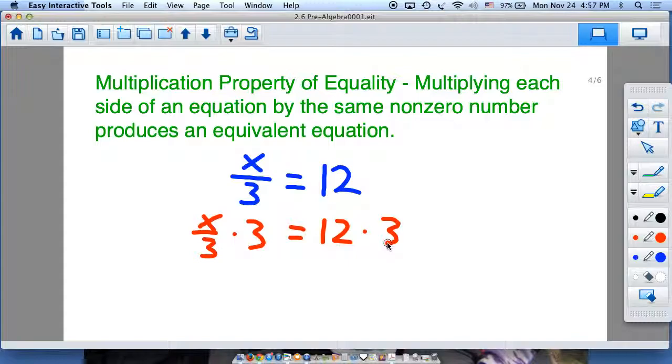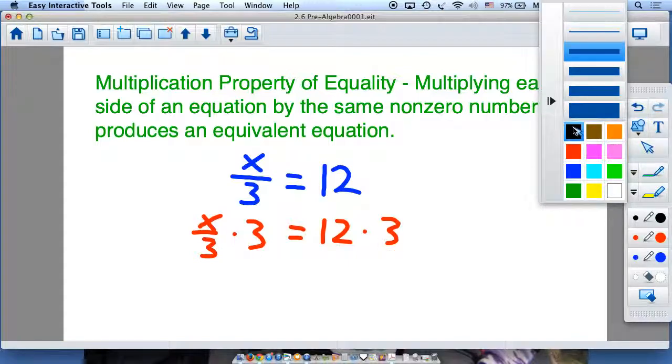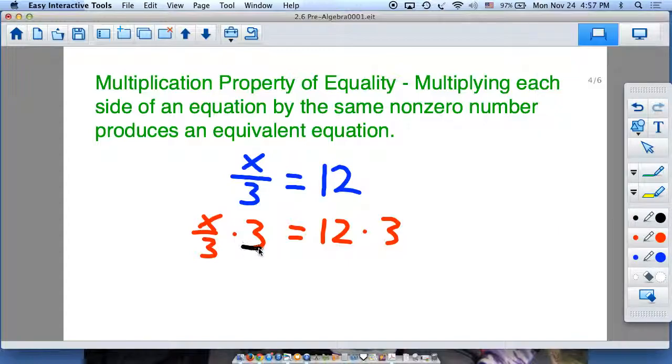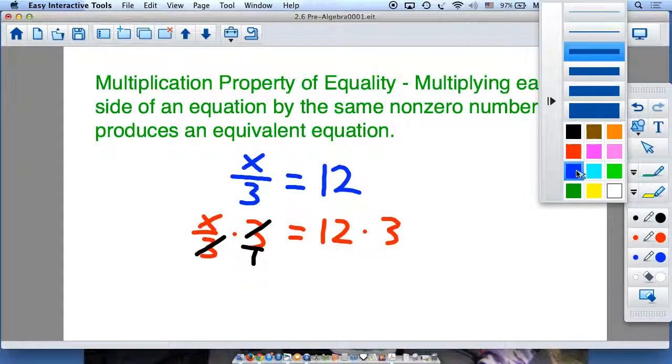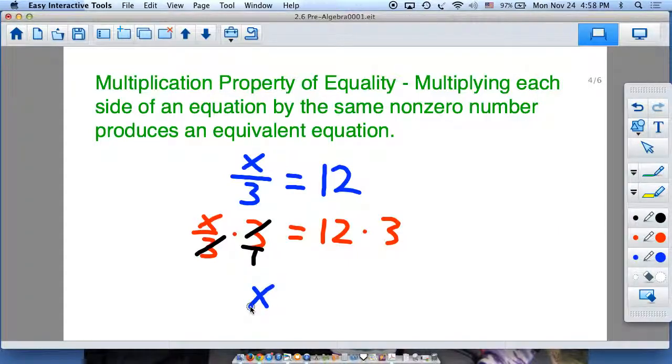What happens on the left side is these 3s are going to cancel each other out, because of cross-simplifying when multiplying fractions. We can make it 3 over 1, which will eliminate and cancel those 3s. Then we're just left with x on our left-hand side, and 12 times 3, which is 36, on our right-hand side.